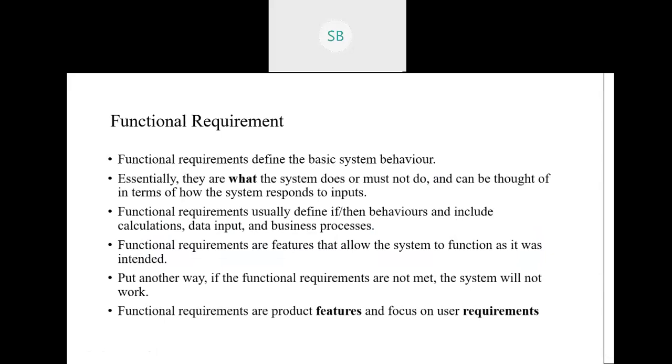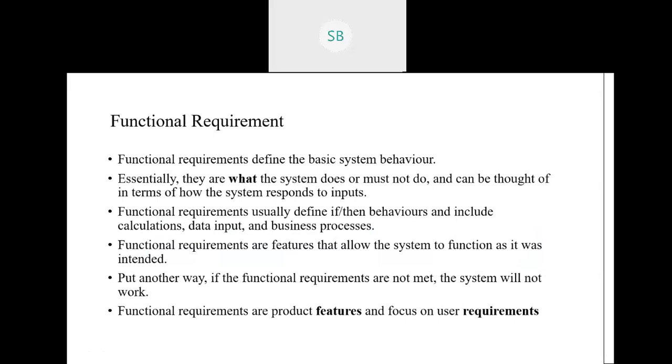Just remember, if you forget everything else, remember what functional requirements are. That basically means the product features you need in a software. Basically, the product features that the software must have, it must have only those features. The very important features are known as the functional requirements.